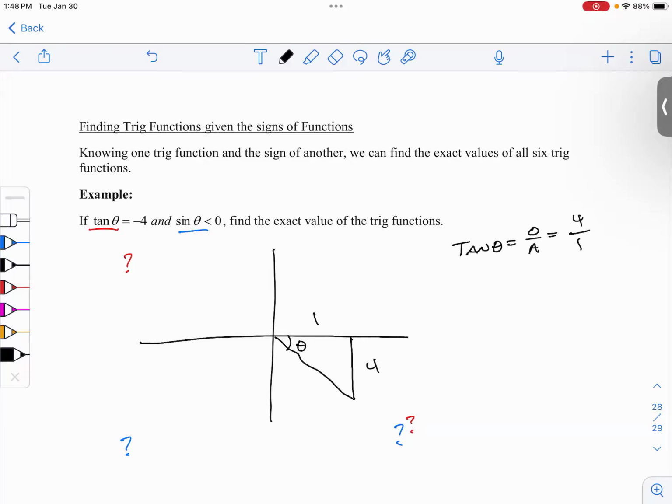But given that I know where I am, which is negative, the 1 or the 4? The 4 is negative, right? And then I could use that information to find my hypotenuse. 1 squared plus -4 squared equals h squared. So what are we at? 16, 17?